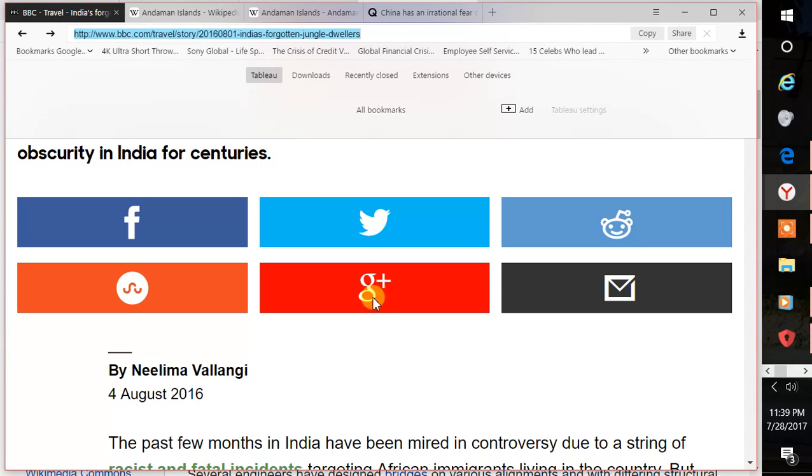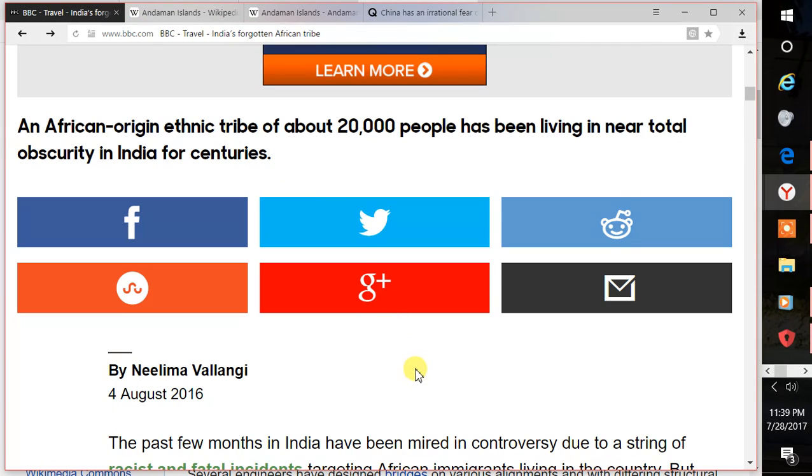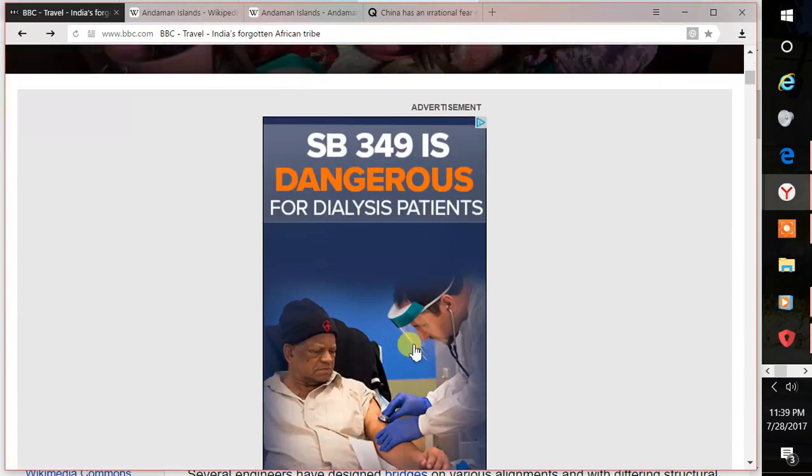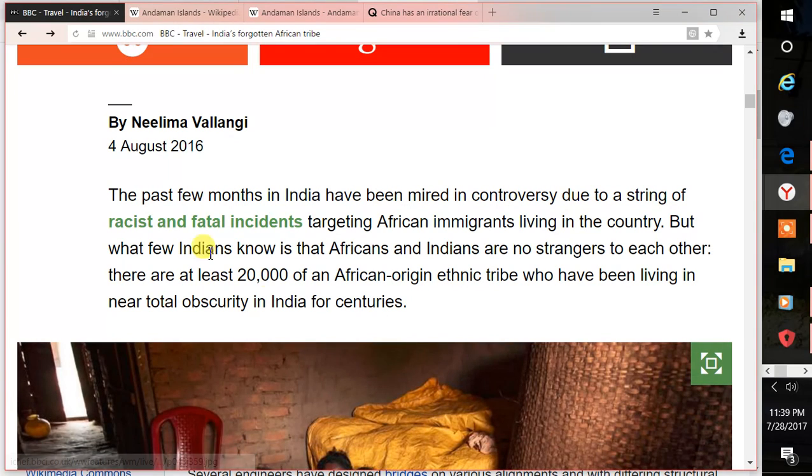And it says here, let's just read up how the Vatican lies a lot. Let me read the story a little bit, then I'll show you some pictures. It says, the past few months in India have been mired in controversy due to a string of racist and fatal incidents targeting African immigrants living in the country.